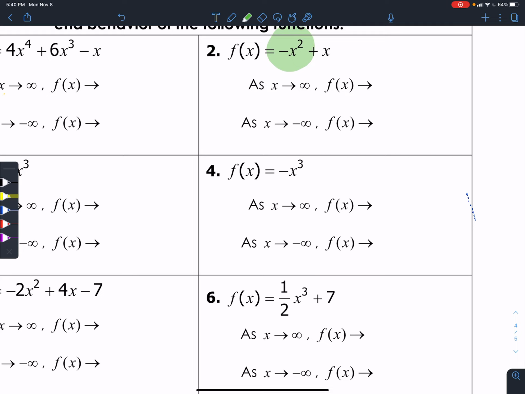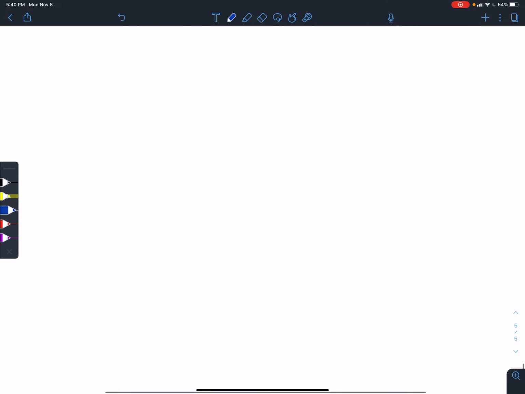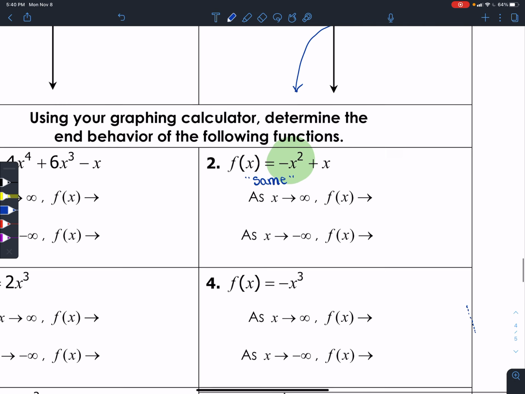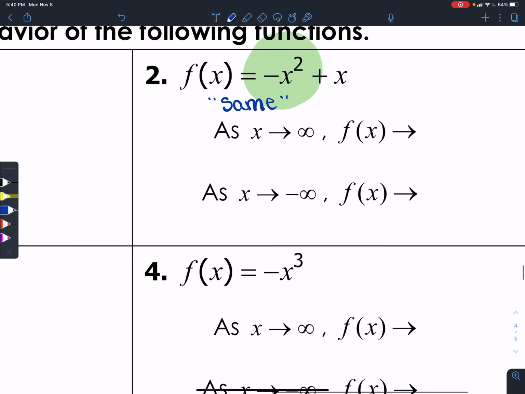Looking at that leading term, my degree is 2. So when it's an even degree, that means that both ends are going to point the same direction. Now the leading coefficient on this one is -1.